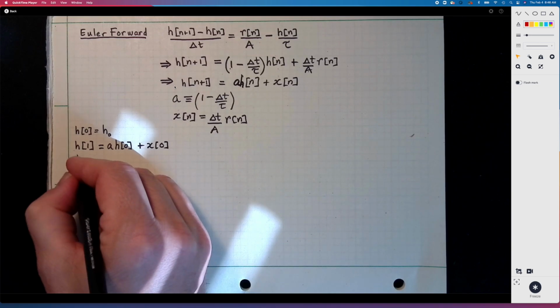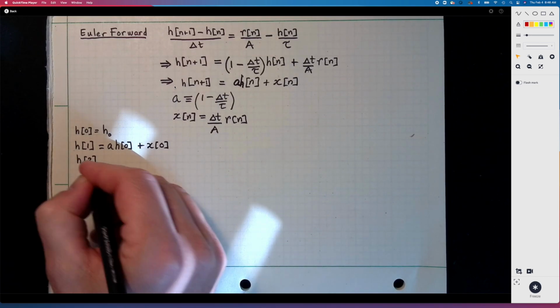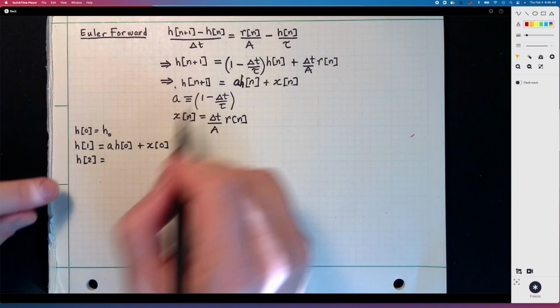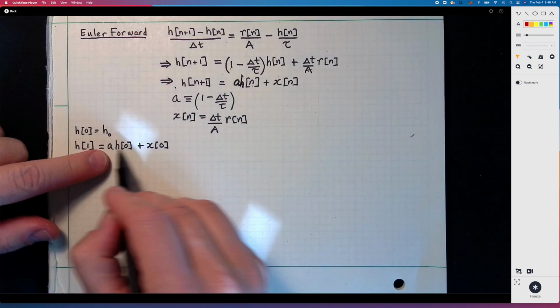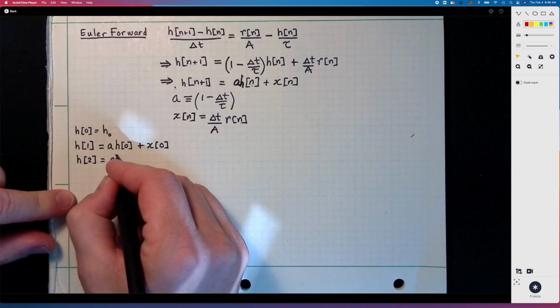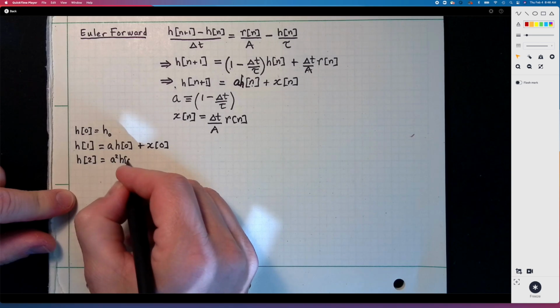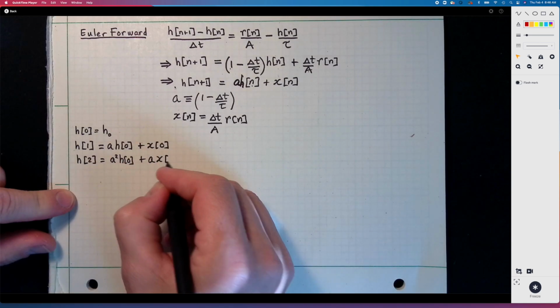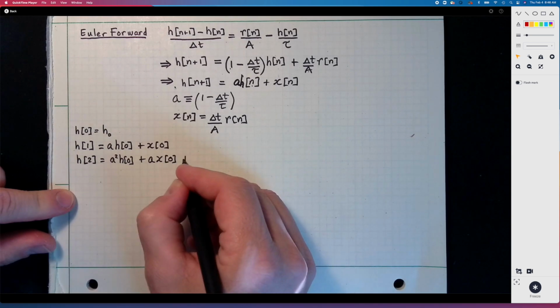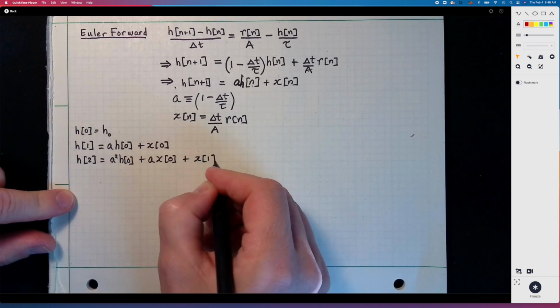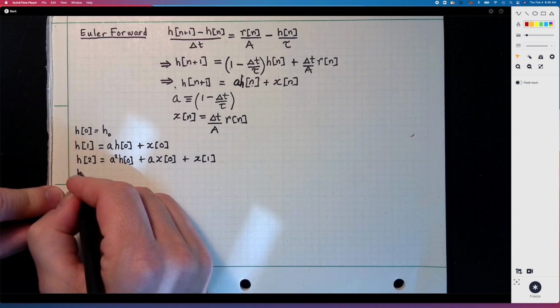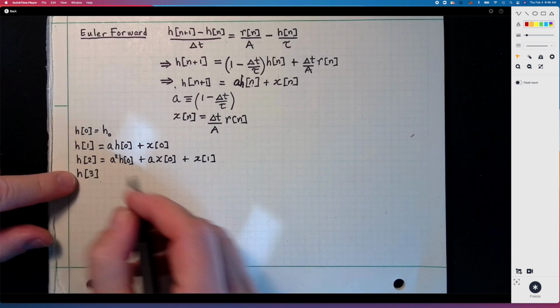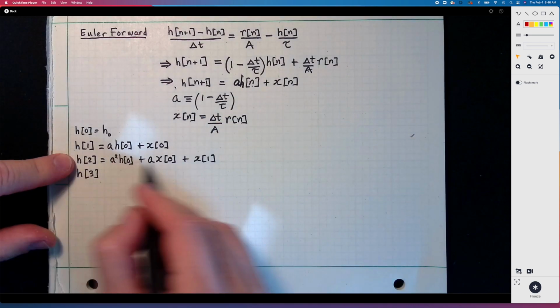Then h2 is going to be a times h1, which is this expression. So now we'll have a squared h of 0 plus a x of 0 plus x of 1. And then h3 will be a times h2, which is this expression.